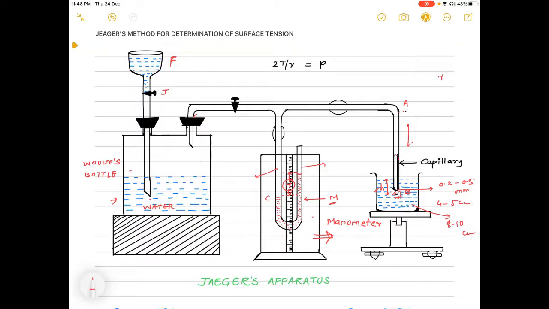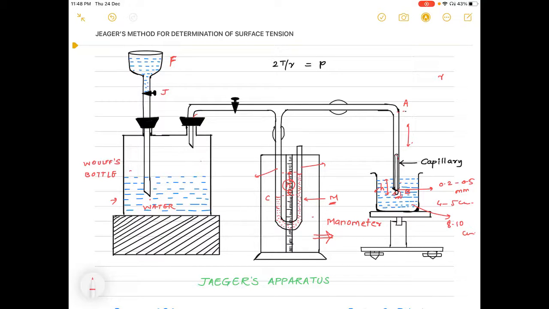Now the accuracy in the result of surface tension will be more if bubbles form only one at a time, and so slowly that it takes at least 10 seconds to form one bubble. If the difference between the formation of two bubbles is more than 10 seconds, then we can measure the level difference in the manometer, that is capital H, very clearly.